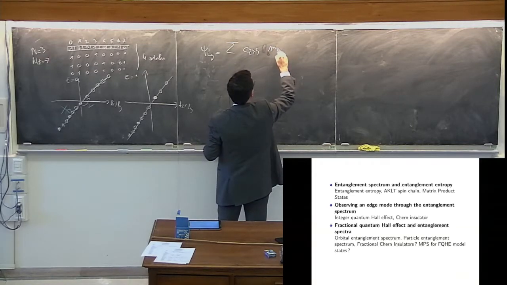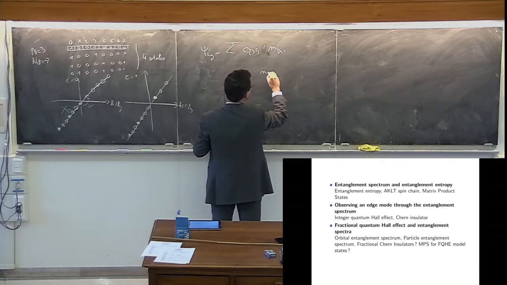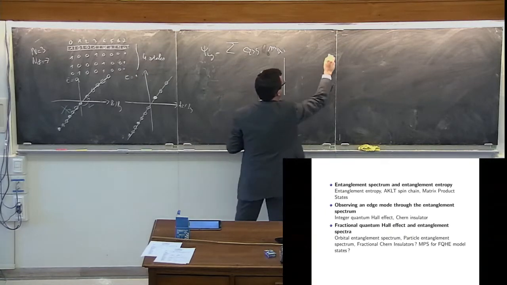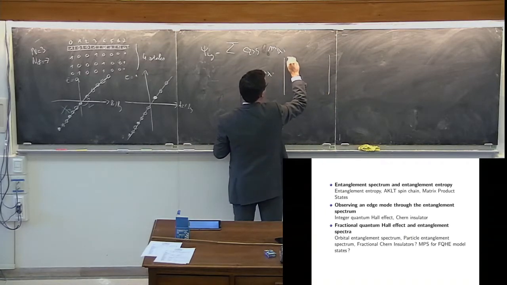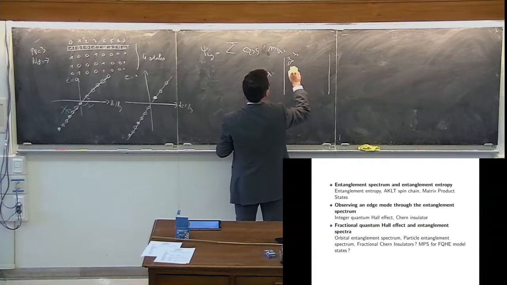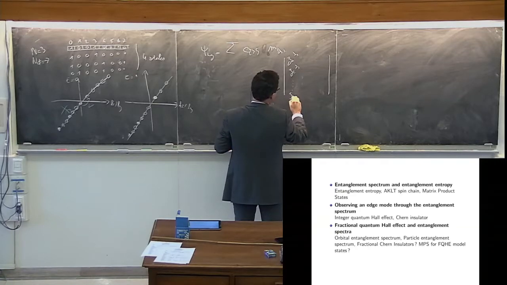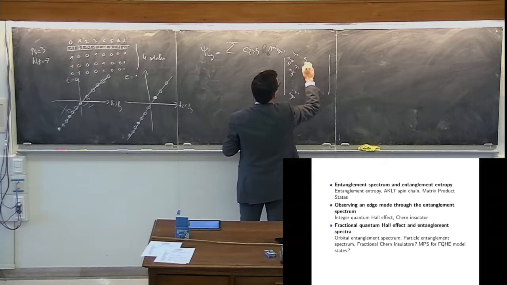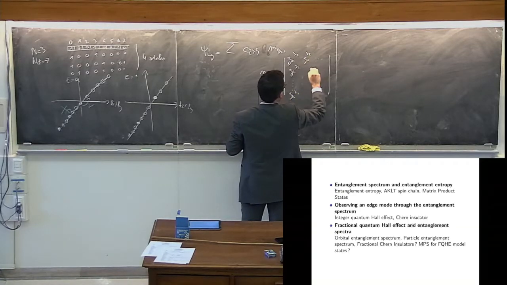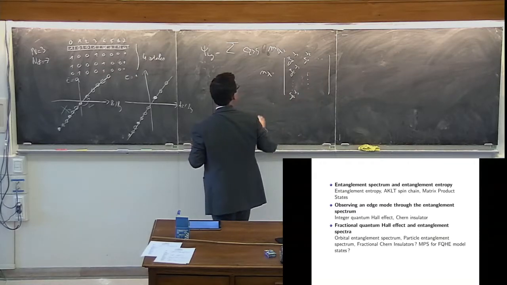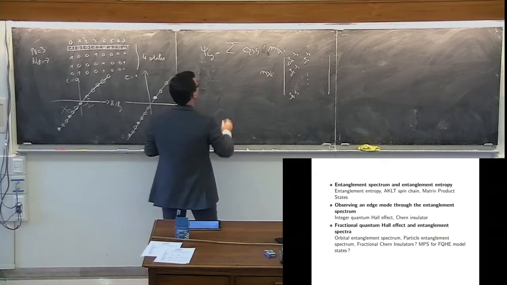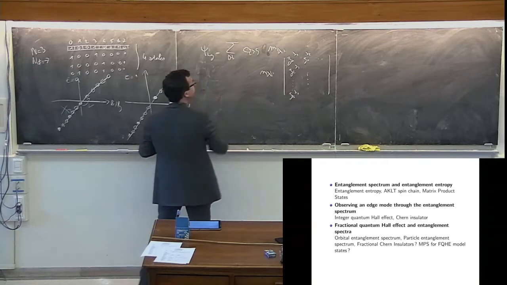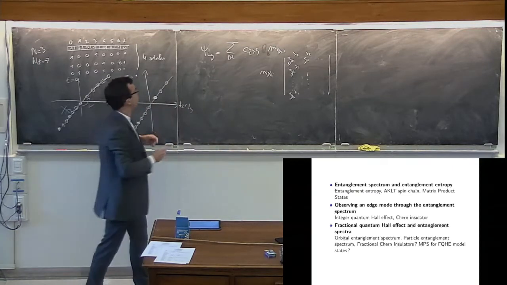M lambda, where the M lambda is just the Slater determinant where you put z1 to the power lambda 1, z2 to the power lambda 1, and so on, zn to the power lambda 1, lambda 2, and so on. Sum over all the lambdas. So that's for the fermionic state.